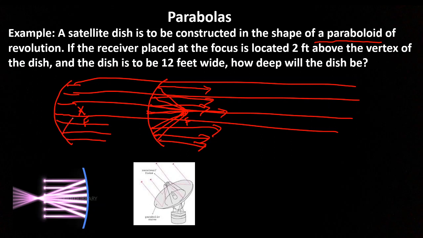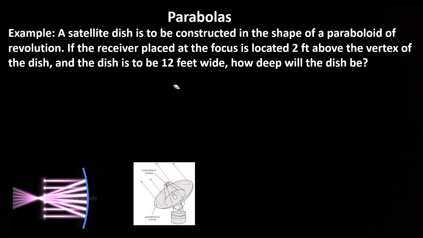They're going to reflect back to the focus. So this way we can actually accumulate voltage right here at the receiver. All of these waves, the electromagnetic fields, are going to create voltage in the receiver. So that's how we can use this paraboloid.